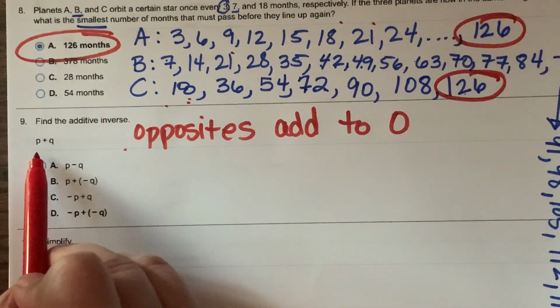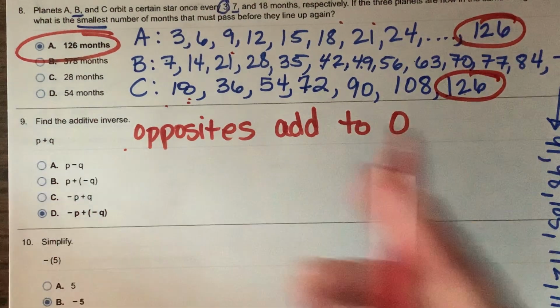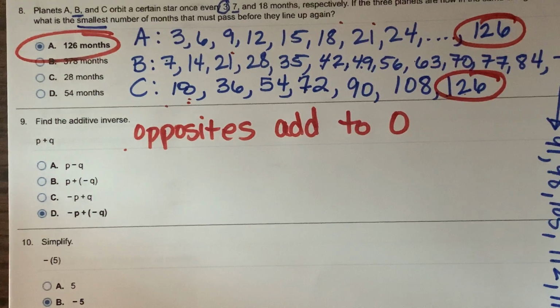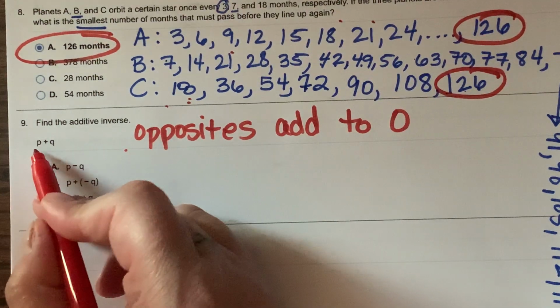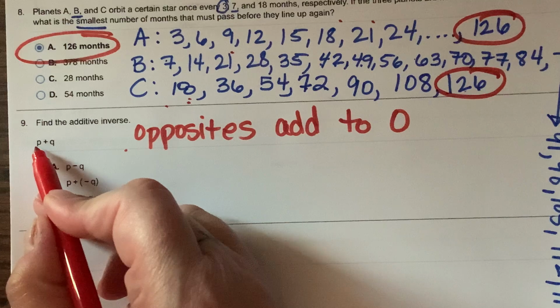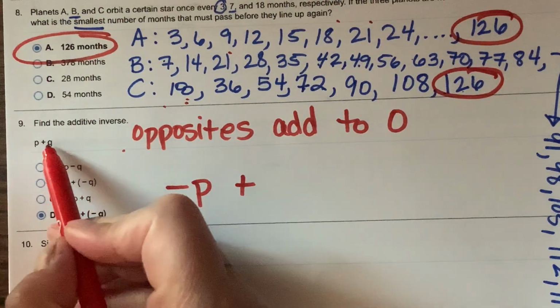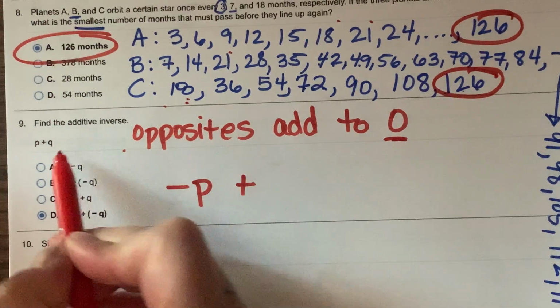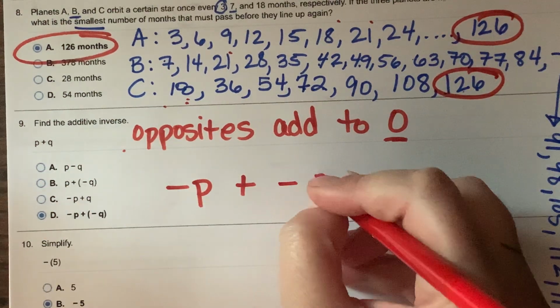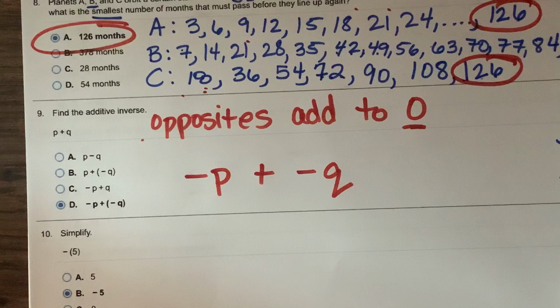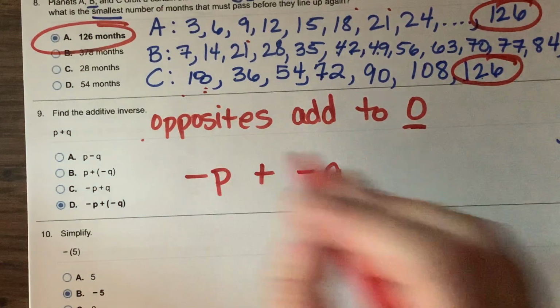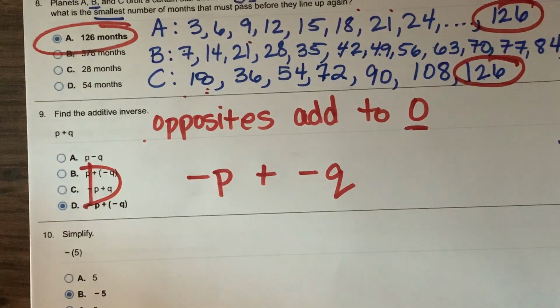So it's asking, what can I add to this p plus q to give me a 0? Well, to make that p zero out, I have to have a negative p to add to it. To get this q to 0 out, I have to add a negative q to it. So the only one that has a negative on the p and the q is D.